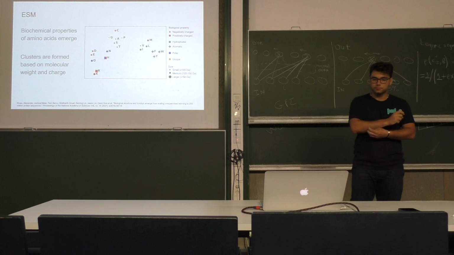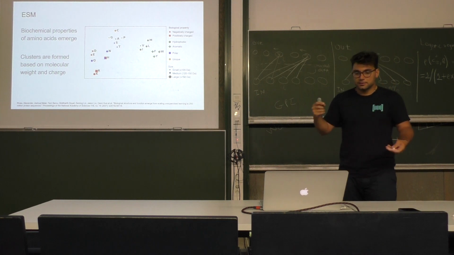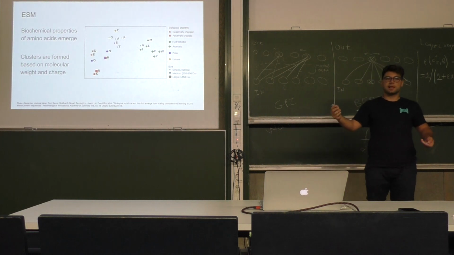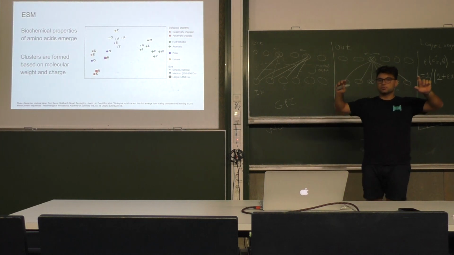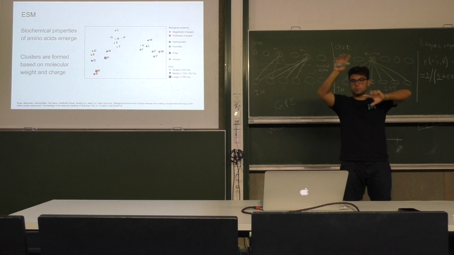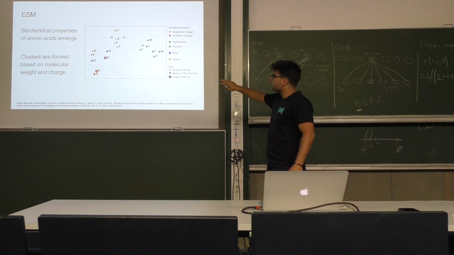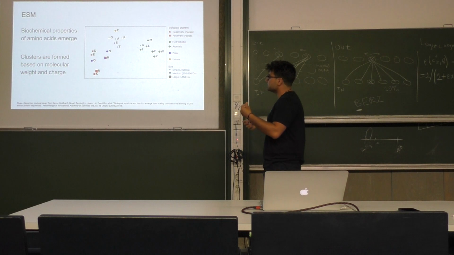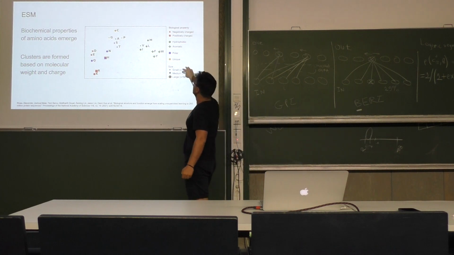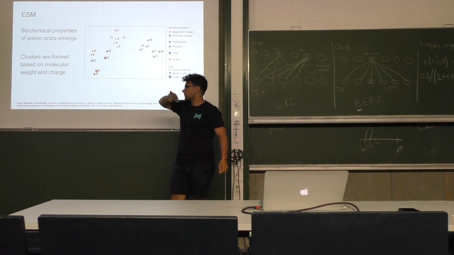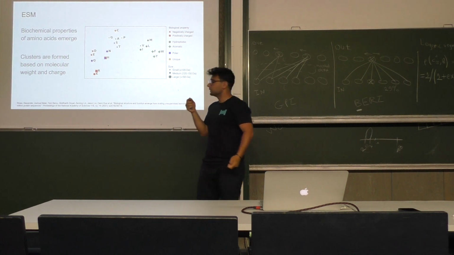They trained this model, and they find these properties similar to what we saw in the last lecture, how Dino creates these clusters throughout training, even though it's not trained with any type of label. Here you can see some properties of different amino acids and how they are clustered in a low-dimensional projection based on their weight and their charge.